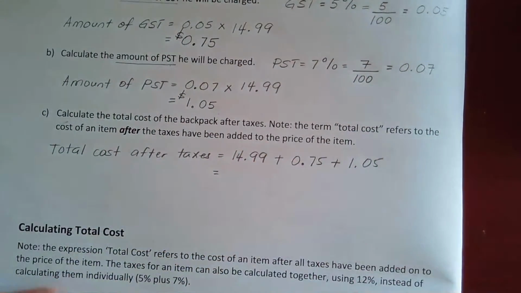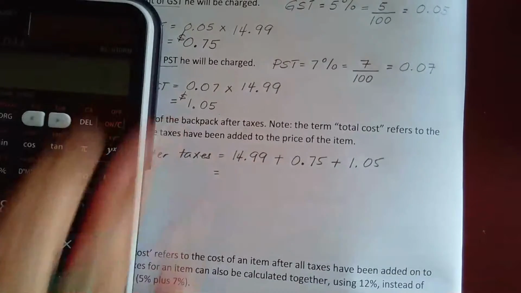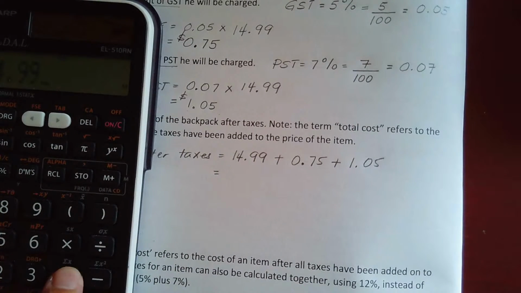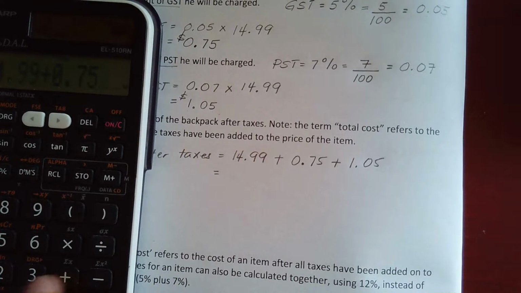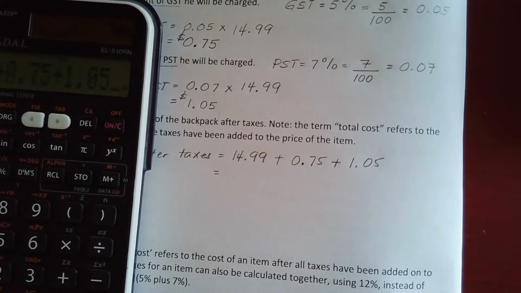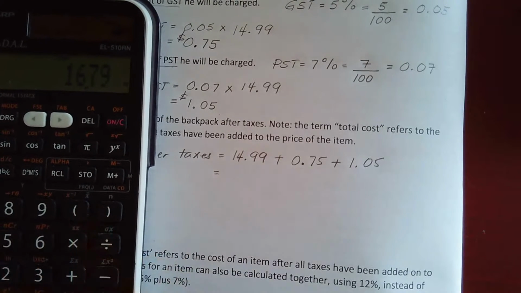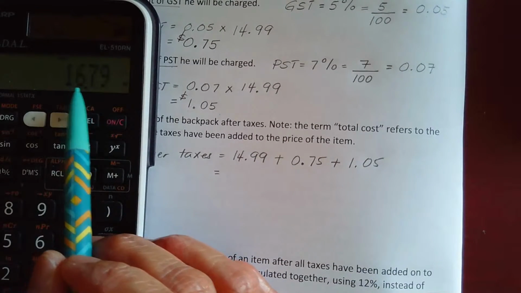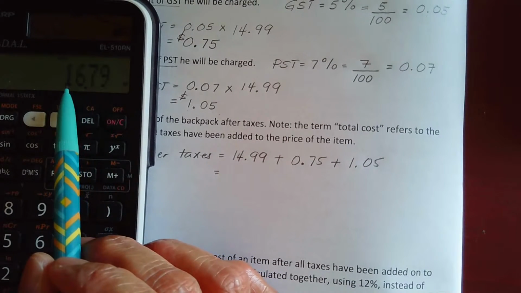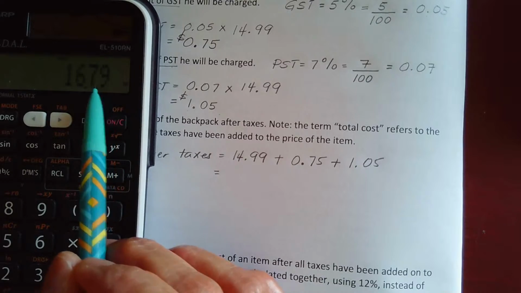Adding them all together, $14.99 plus 75 cents plus $1.05, to 2 decimal places, it's going to come up to $16.79.